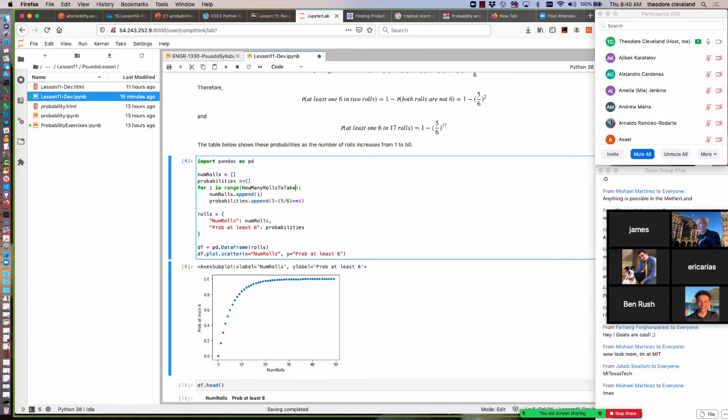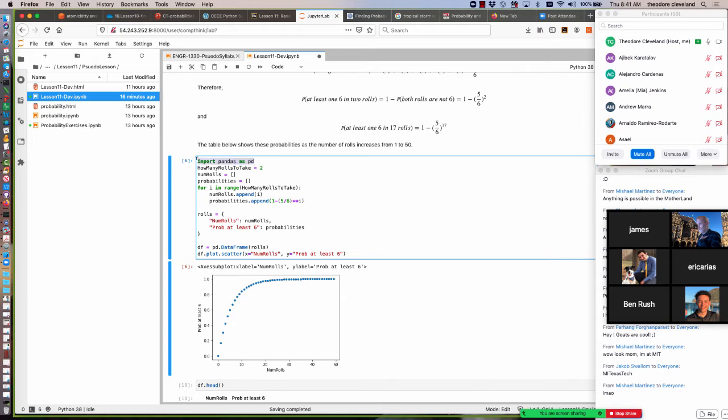We will create a variable called how many rolls to take. And let's just start with one roll. Actually, I think this starts counting at 0, so I think I need to make it 2. Okay. So let's go look at the script.